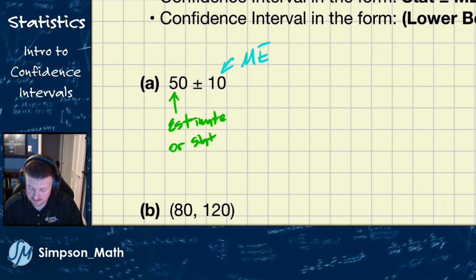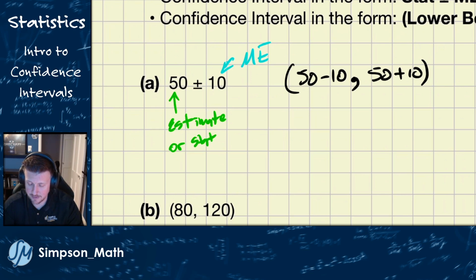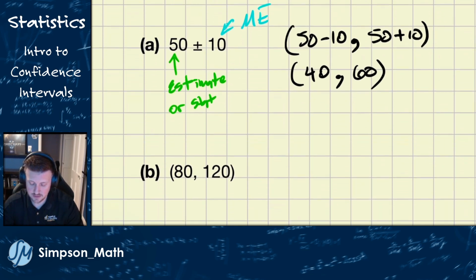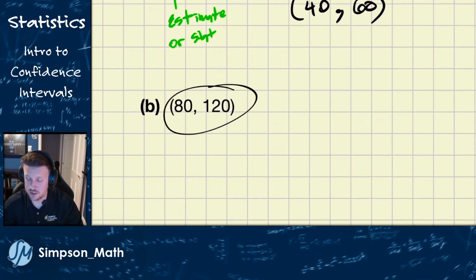Well, let's just add and subtract. 50 minus the 10 gives me my lower boundary, and 50 plus the 10 gives me my upper boundary. So 50 minus 10 is 40, and 50 plus 10 is 60. So my lower boundary is 40, upper boundary is 60, and the other way to write it is with those parentheses.